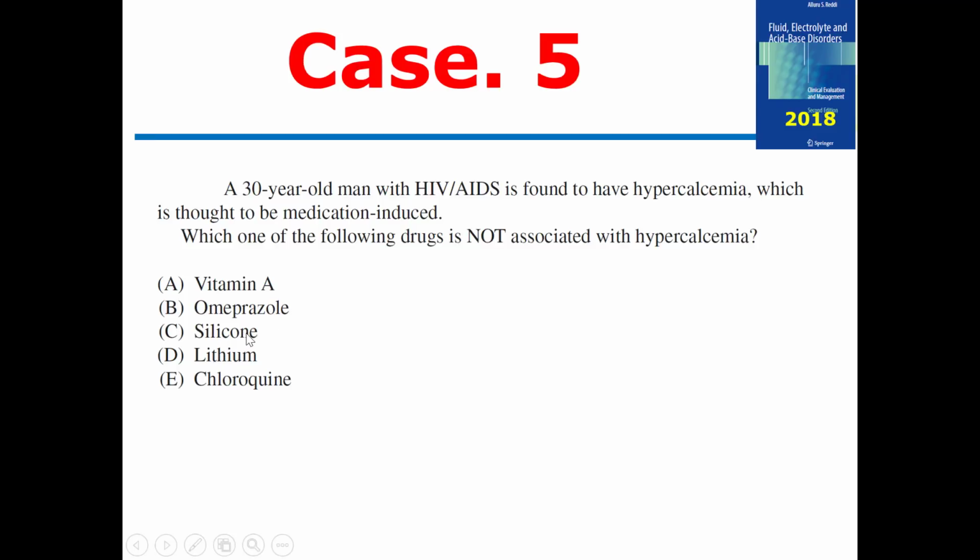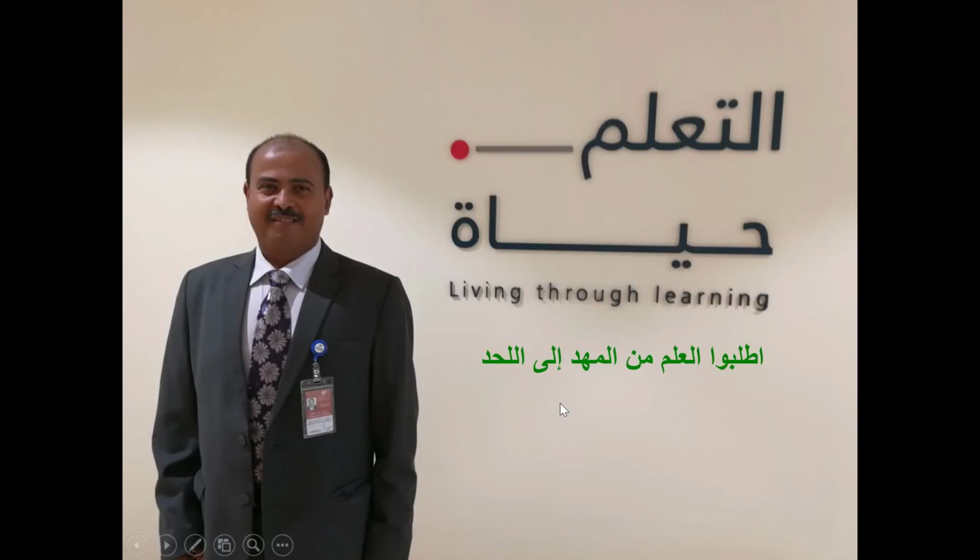Silicone, we may have siliconoma, granulomas related to silicone implants, so granuloma means hypercalcemia. Lithium can stimulate PTH with resultant hypercalcemia. So the first 4 drugs may be associated with hypercalcemia. Chloroquine suppresses vitamin D. This is why chloroquine may be used for treating chronic hypercalcemia.